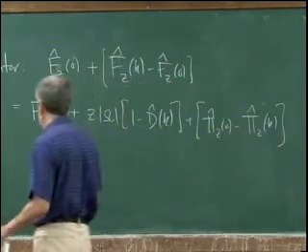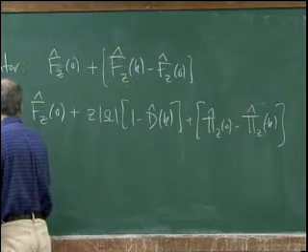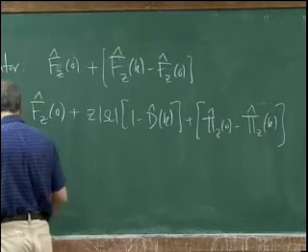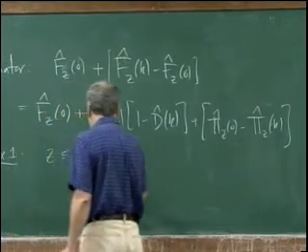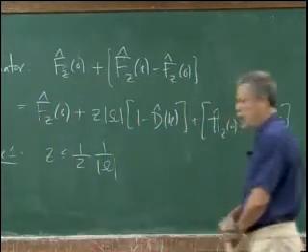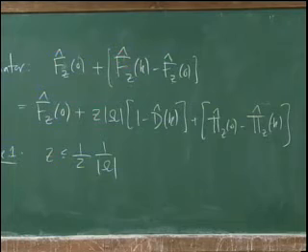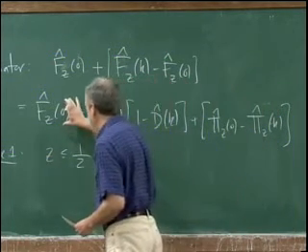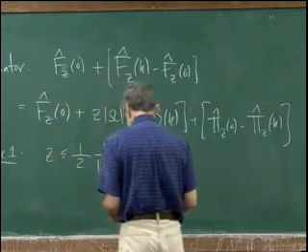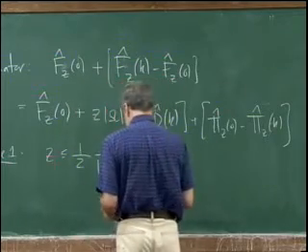So I want to look at two cases. I want to look at z less than or equal to 1/2, the simple random walk critical value, because in that case there's no problem from this. This stays bounded away from 0.